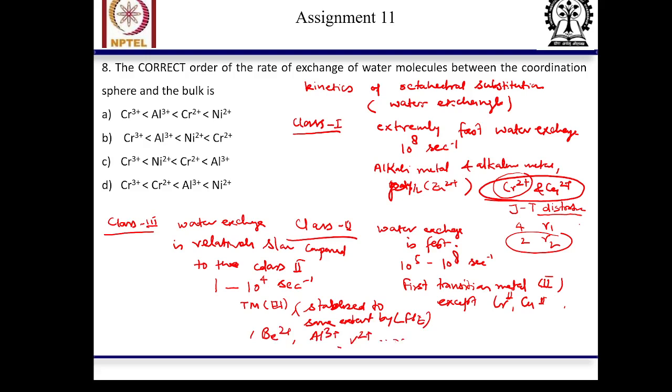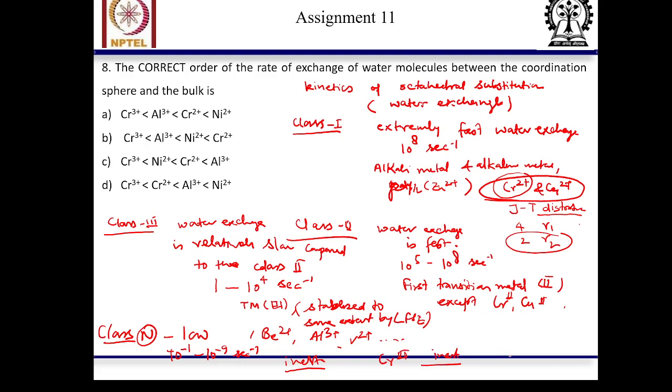Okay. Class 4 is basically where water exchange is very slow, in the range of 10 to the power minus 1 to 10 to the power minus 9 second inverse. And in this, the inert complexes will come. I have already discussed chromium 3 plus will be inert in octahedral. Why?